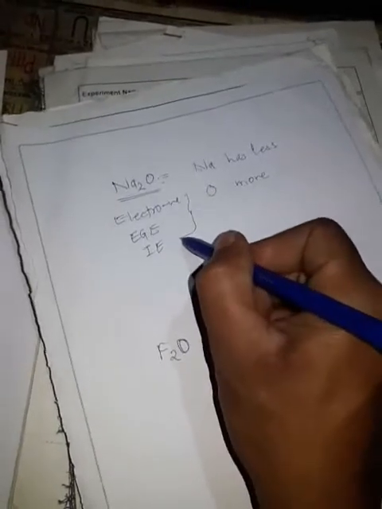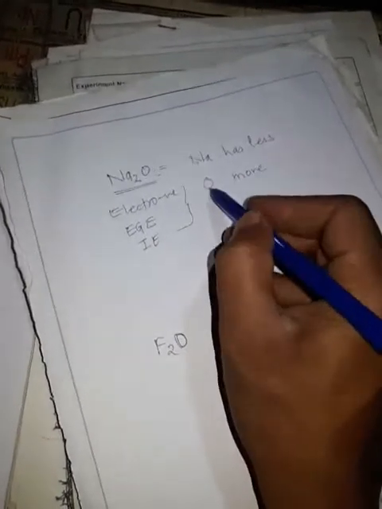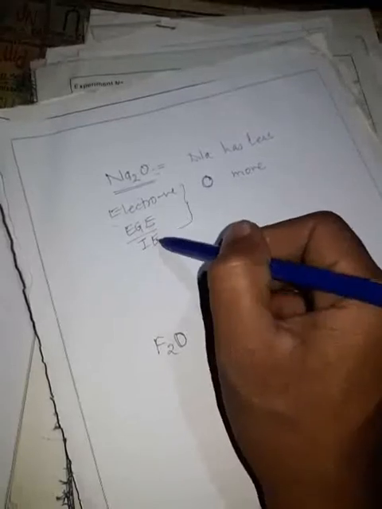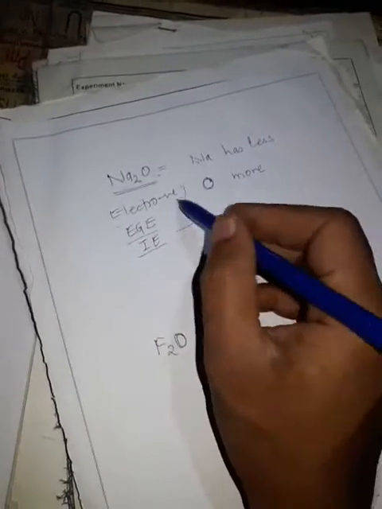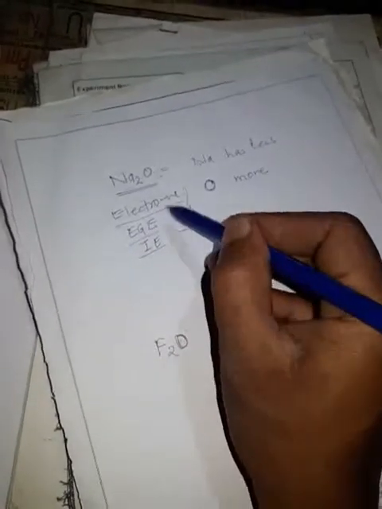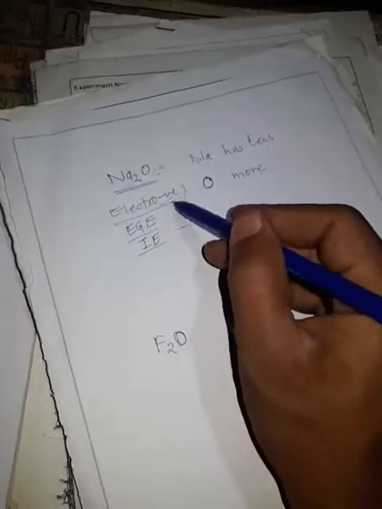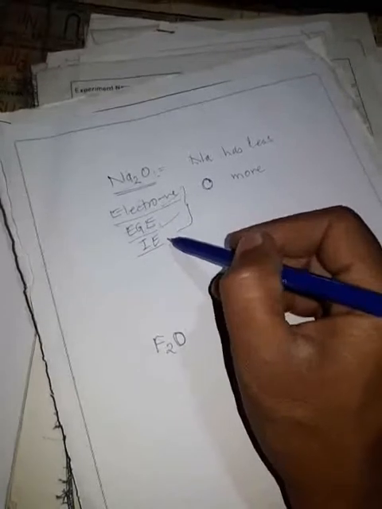If you compare these three properties of sodium and oxygen, you will observe that sodium has very low electron gain enthalpy, very low ionization enthalpy, and very low electronegativity, while oxygen has very high electronegativity, very high electron gain enthalpy, and very high ionization enthalpy also.